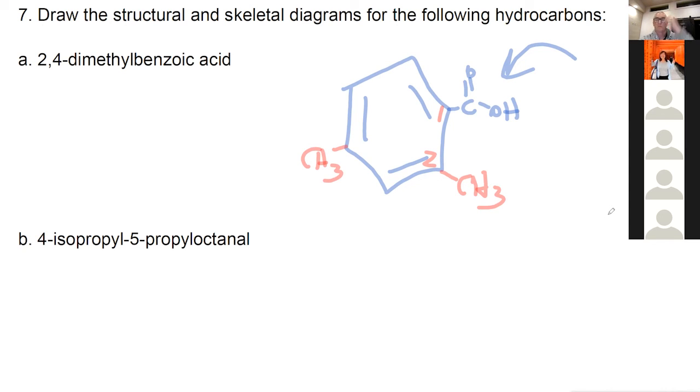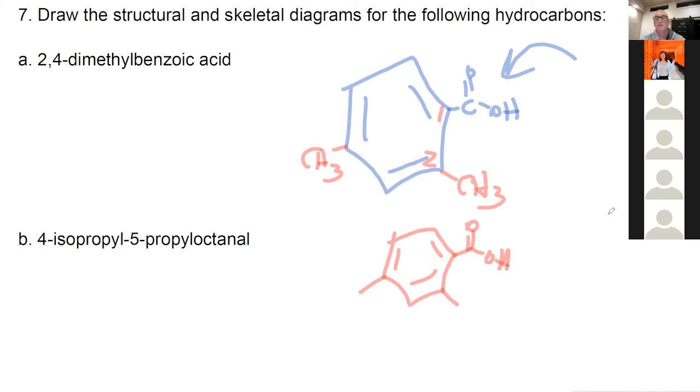Do we have to write CH3 or is it enough just to draw the line? If you're doing structural, you put the CH3 in. If you're doing skeletal, you just put the line. So the skeletal would be not much difference.